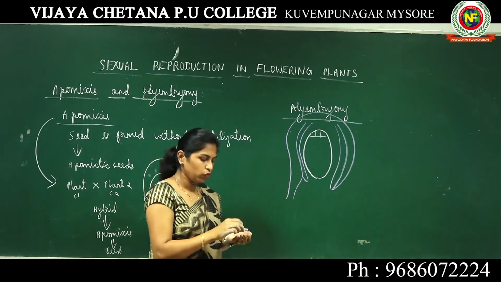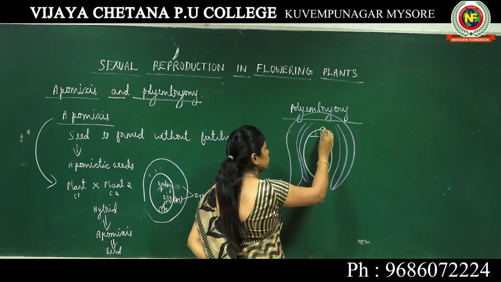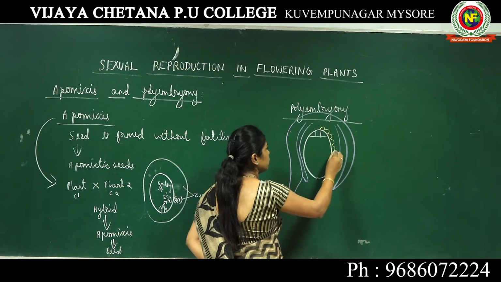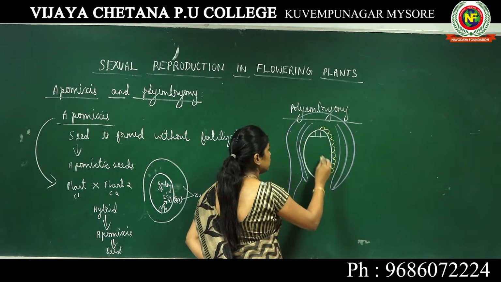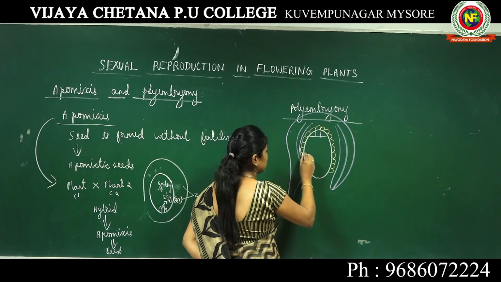This is the ovule. This is the embryo sac. Surrounding this embryo sac, we have a tissue known as nucellus.